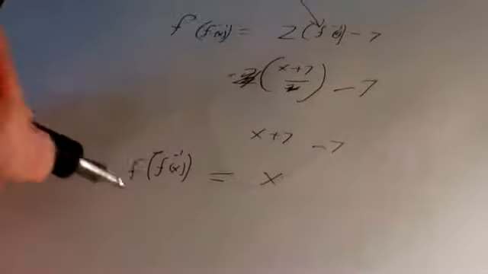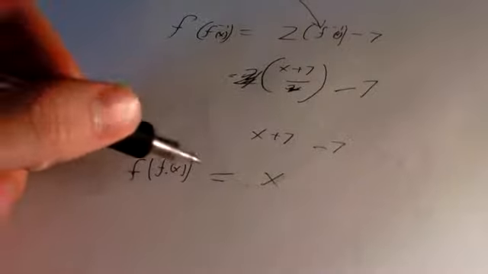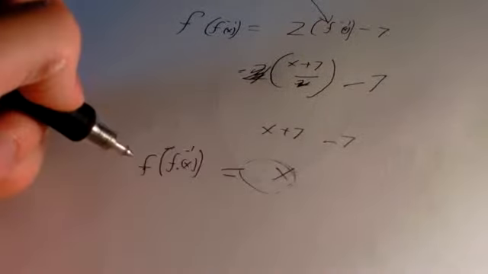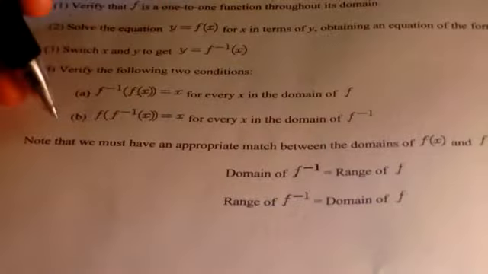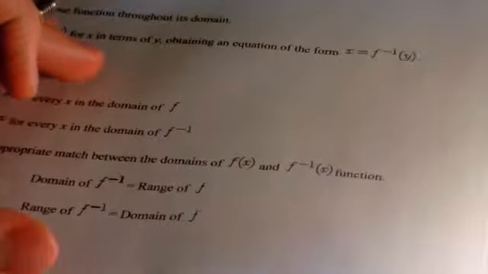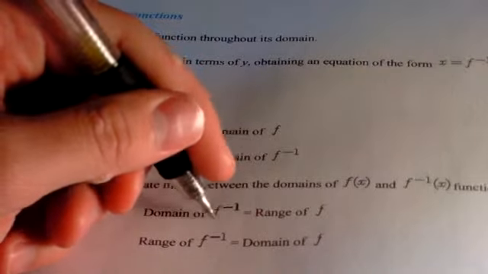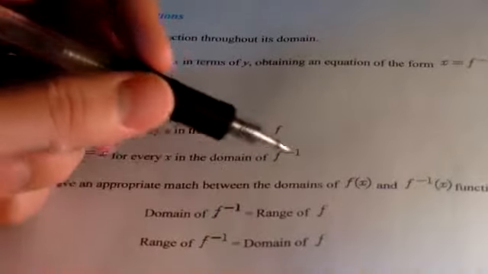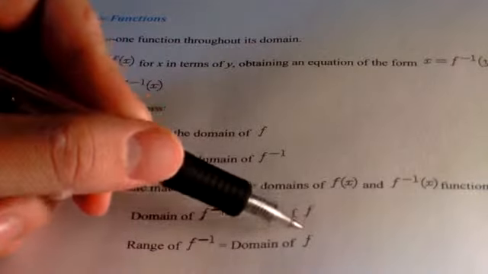equals x. So again, we did one thing to x, then we did the exact opposite of that thing to x, and we ended up with just x. And at the end, it says, note that we must have an appropriate match between the domains of f(x) and the inverse function of x. So the domain of the inverse function is the range of the function, and the range of the inverse function is the domain of the function.